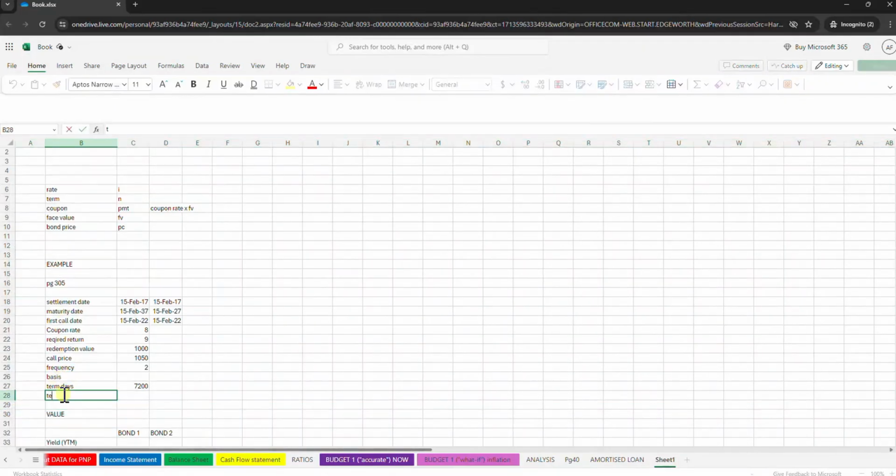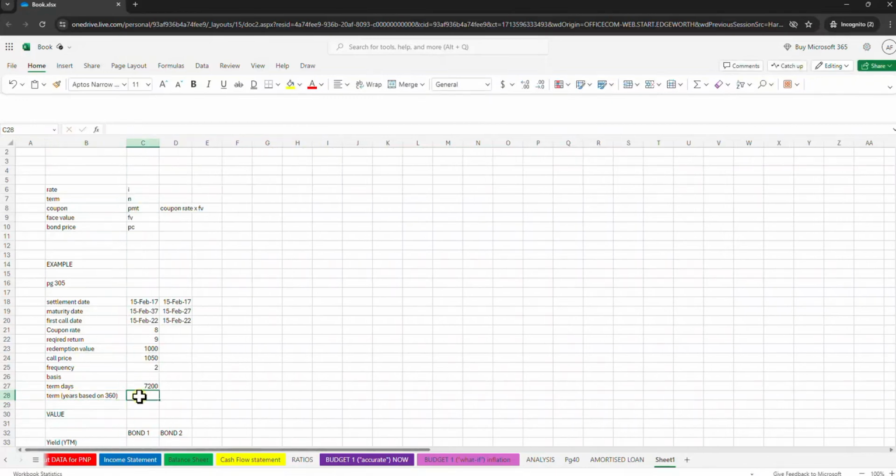So term in years based on a 360-day year. Then this would be 7,200 divided by 360 gives you 20 years. There we go. So there's the 20 years based on the number of days.